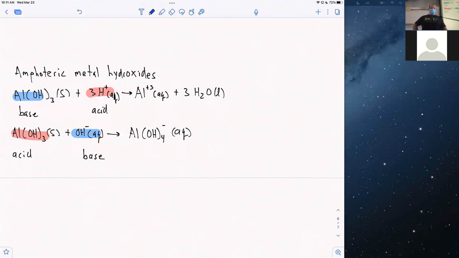Water is very amphoteric, but metal hydroxides, depending on their environments, can be amphoteric as well. It's just kind of cool how chemistry has all these weird rules. I think it's really cool, but I know a lot of other people are like, too many rules. But this is fun, at least for me, if you can peer into my mind.